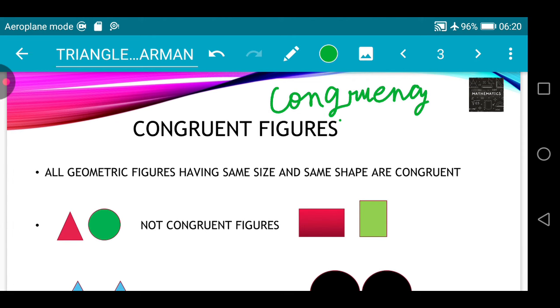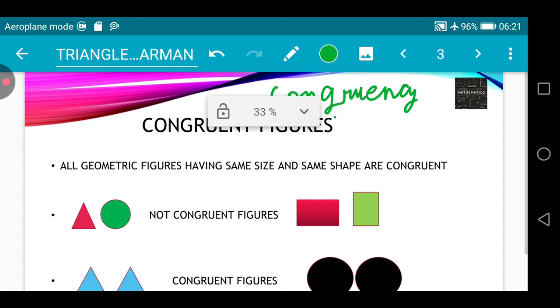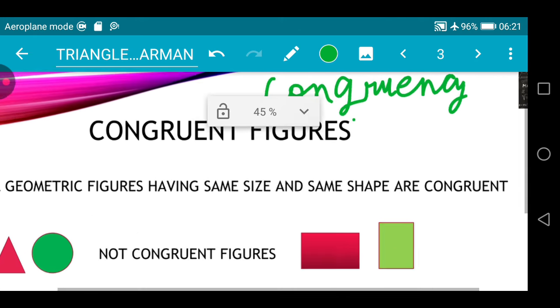But congruency is a new topic here in class 9th. Earlier it was in class 8 too, but now it is removed from class 8, so we are doing this chapter on congruency.